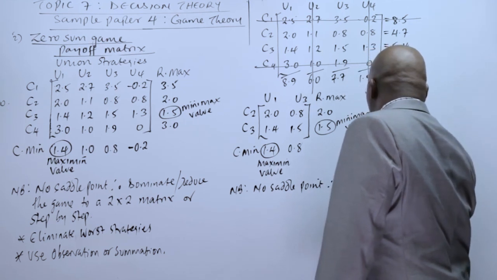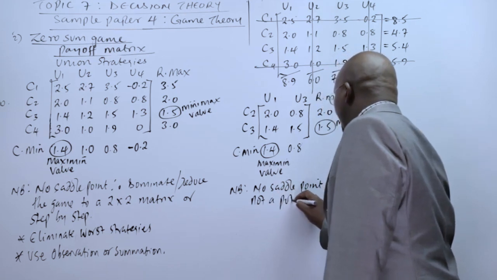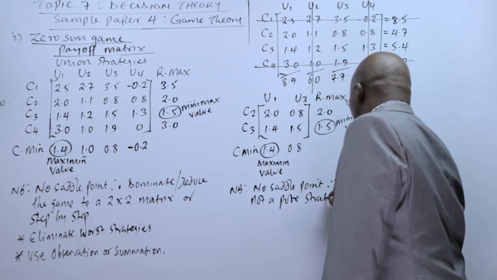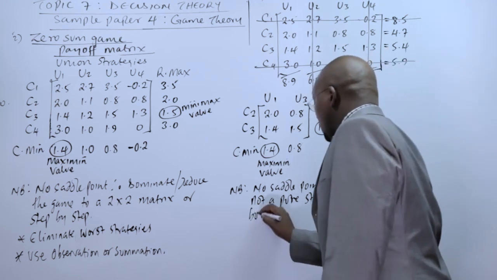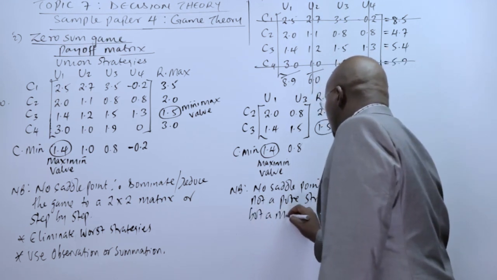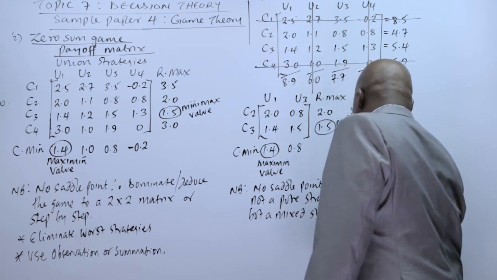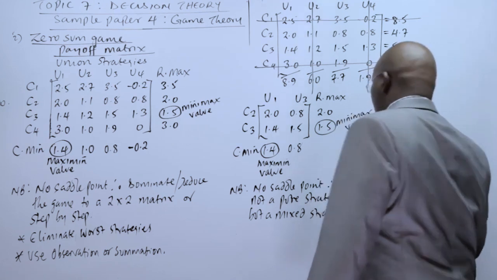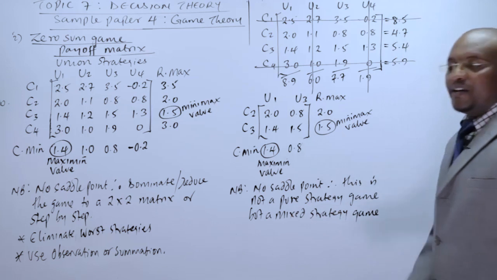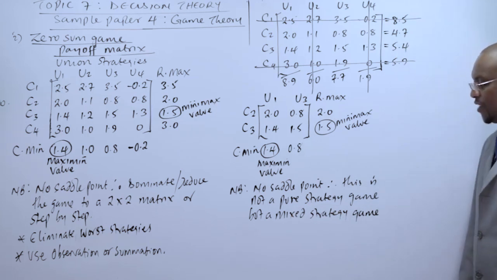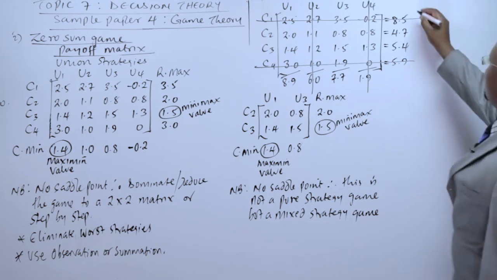Therefore, this is not a pure strategy game, but a mixed strategy game. That is how we are going to play it. Now, what do we do? It means we are going to solve this as a mixed strategy game as follows.